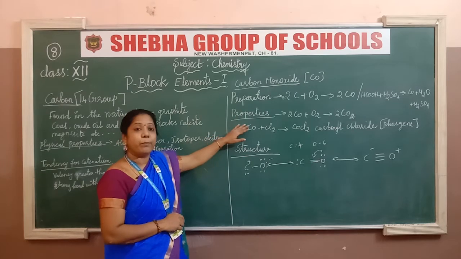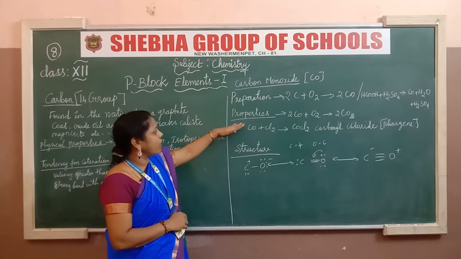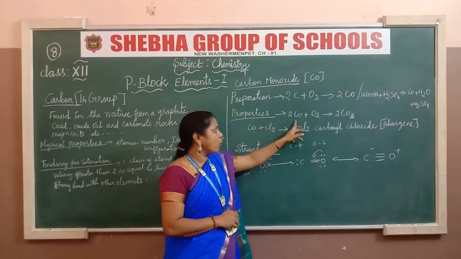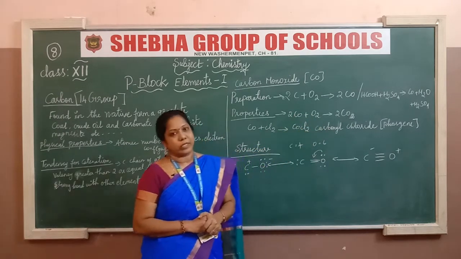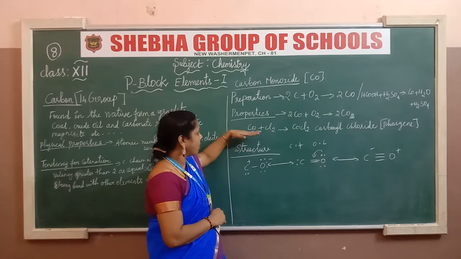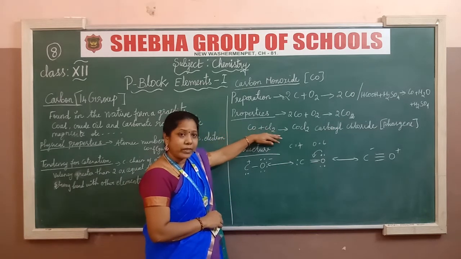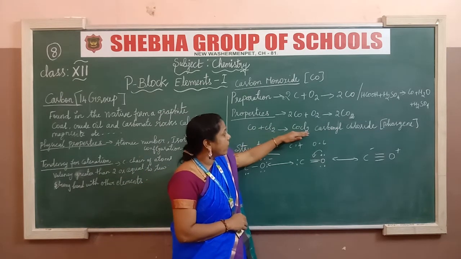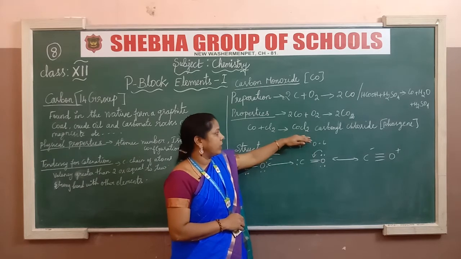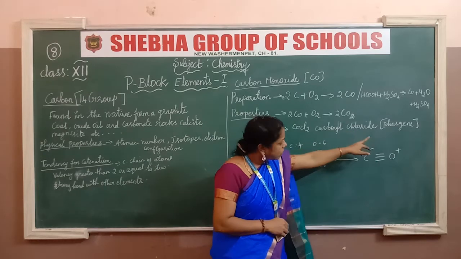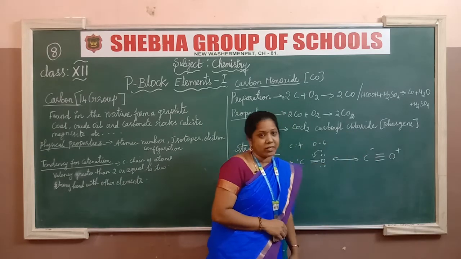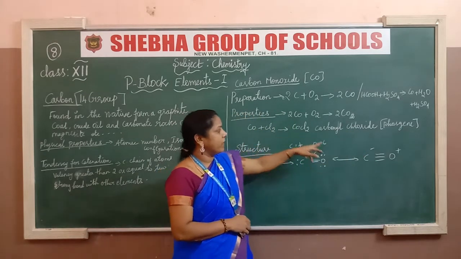Then go for the properties of carbon monoxide. When carbon monoxide is treated with oxygen, we get carbon dioxide. Carbon monoxide reacts with chlorine to give carbonyl chloride, COCl2, also called phosgene.